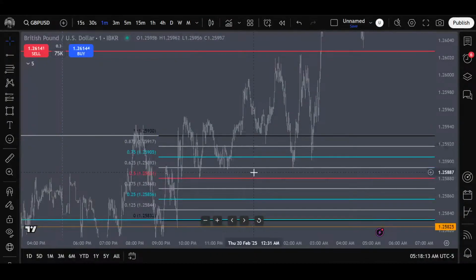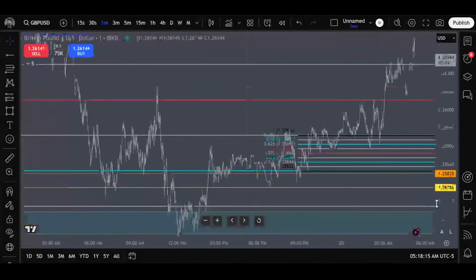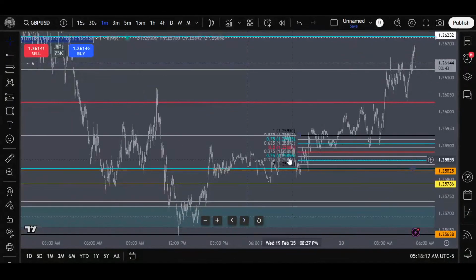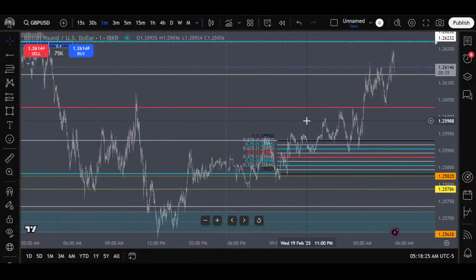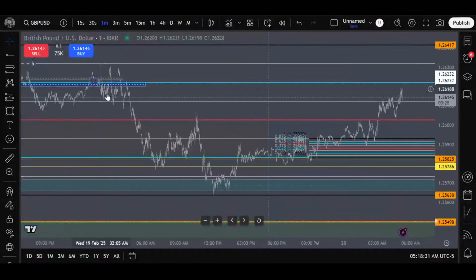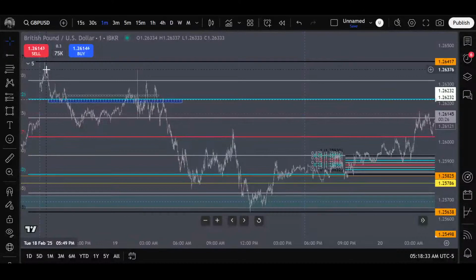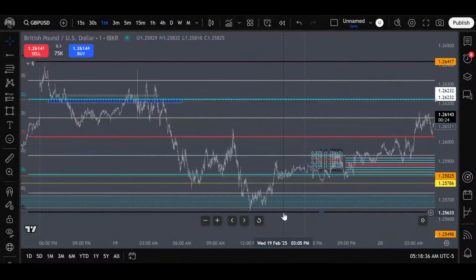When you see that price is respecting these levels from establishing the original dealing range and then splicing this up, coming back, referring to it, coming back, referring to it, you know that you've defined the right dealing range. So once price makes a move from buy side to sell side, from the low to the high, it needs to rebalance that, right?